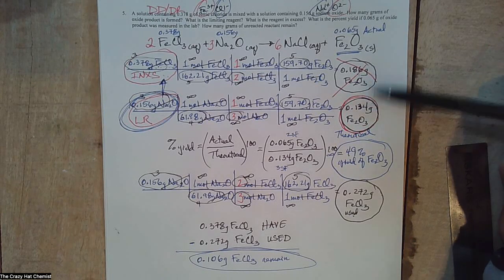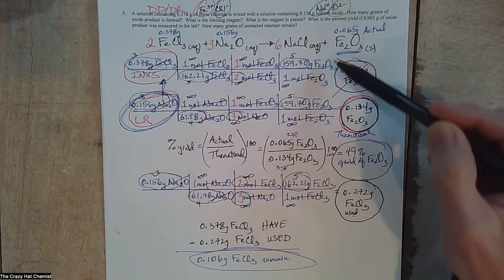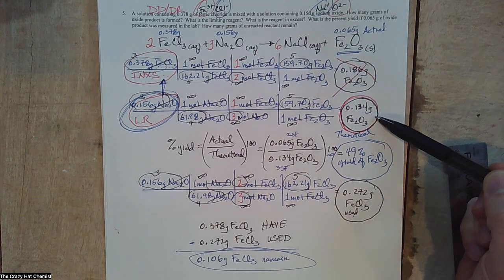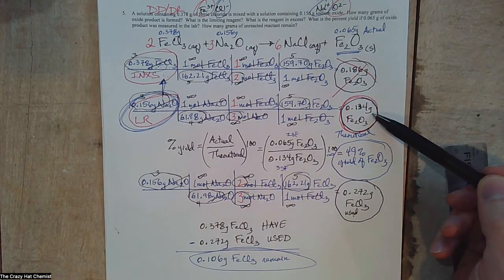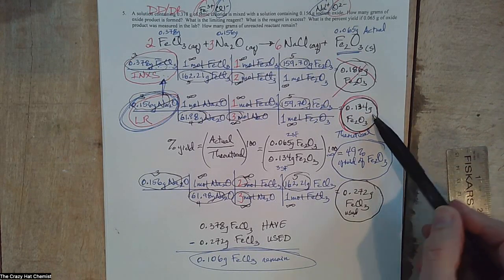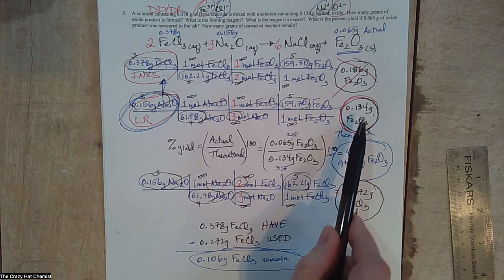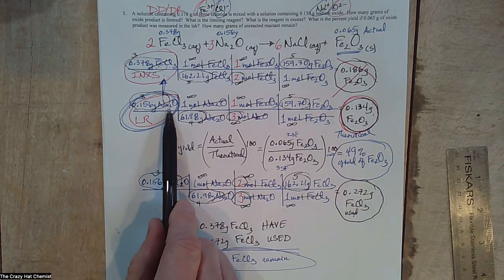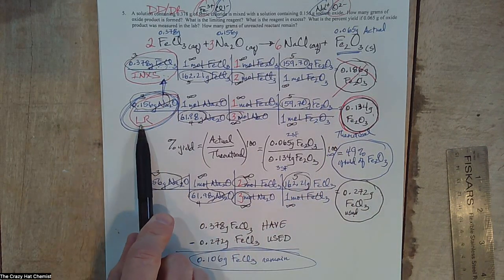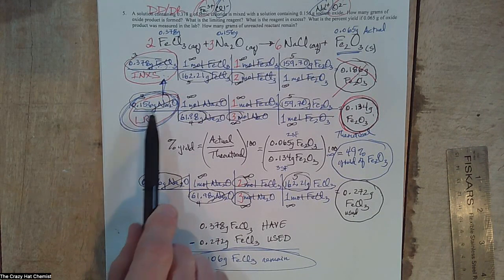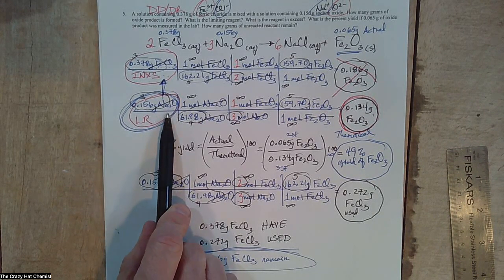Since they have the same units and the same formula, we can compare them. We crossed out the larger number. We kept the smaller number. The smaller number tells you what reactant made this, and that is Na2O. So therefore, my limiting reagent's formula is Na2O.